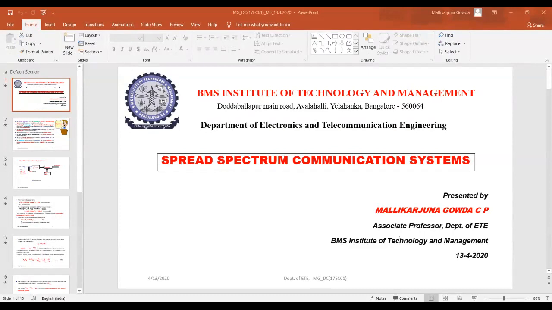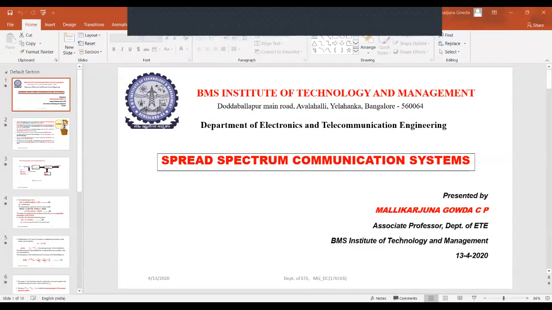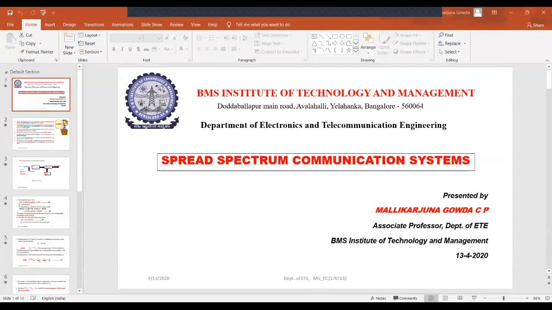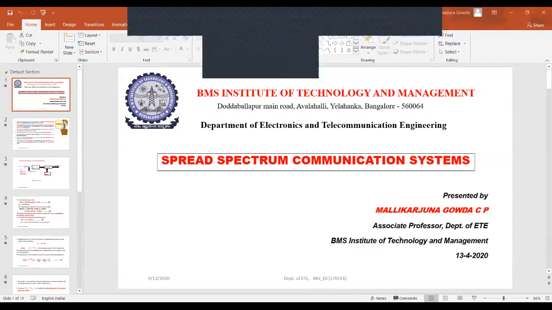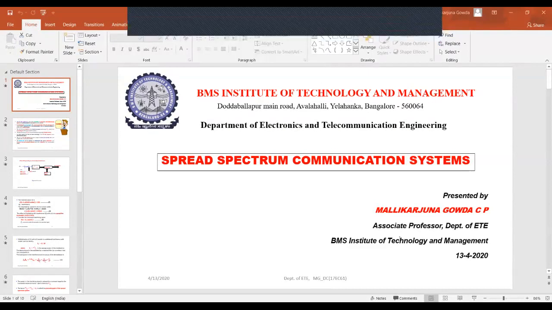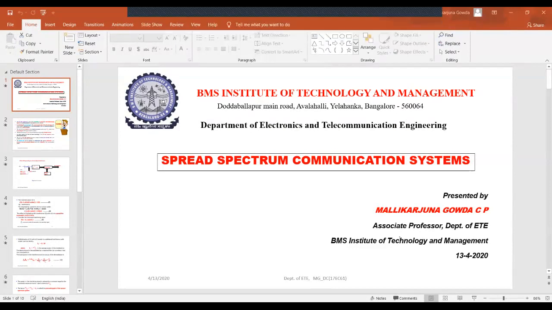Having this pseudo noise code generator in the modulator as well as the demodulator, it is possible to achieve secure communication, right? That is why I said it was developed in the military, for having secure communication.